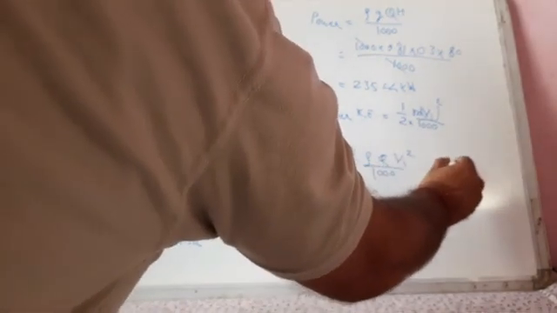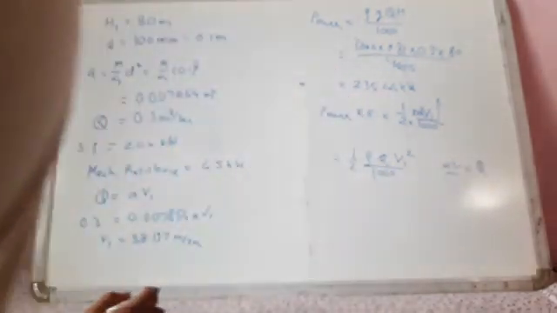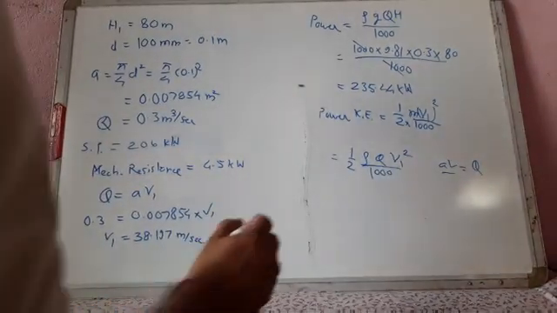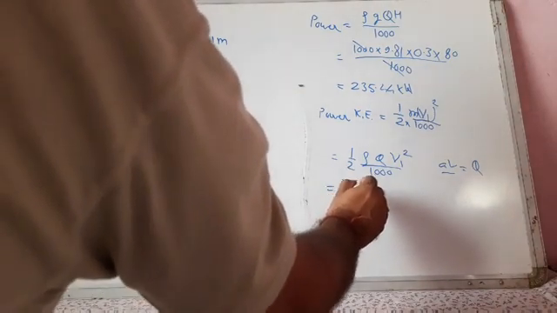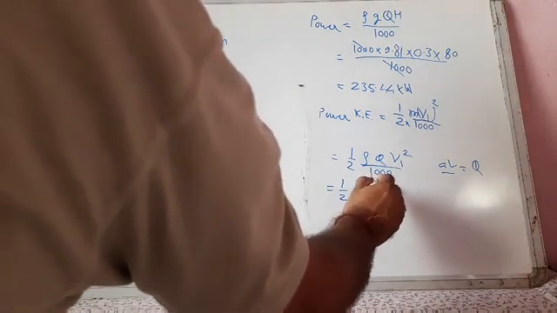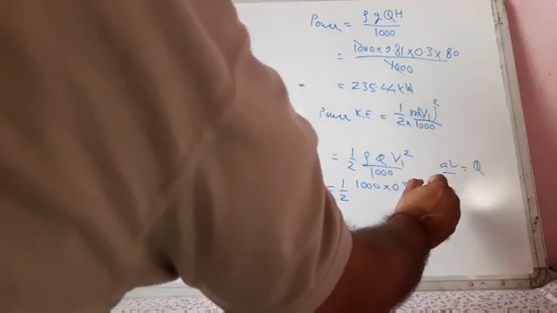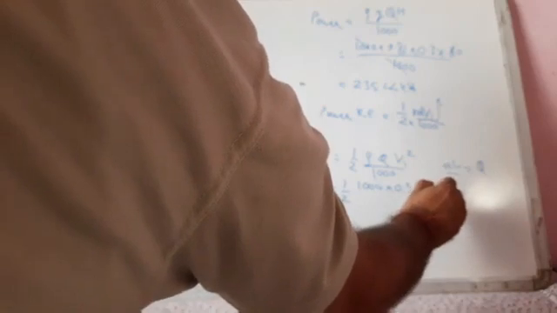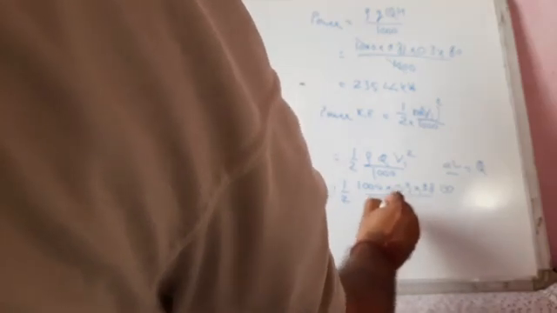Here the value of A and V is replaced by Q. Now putting the values, value of rho is 1000, Q is 0.3 and V1 is 38.197, by 1000.